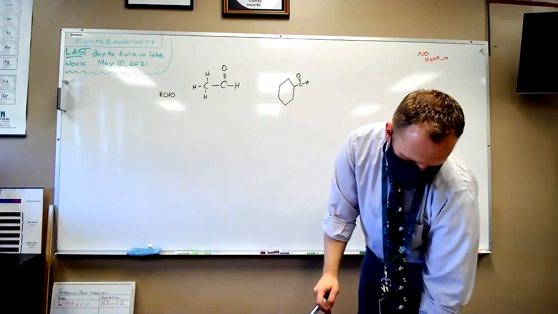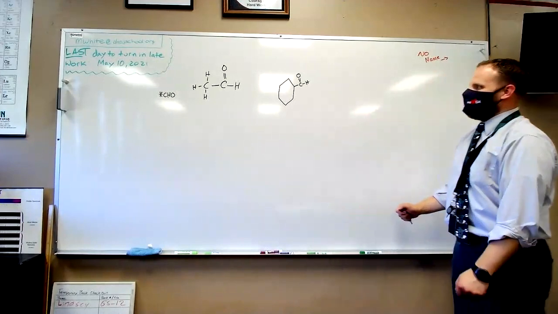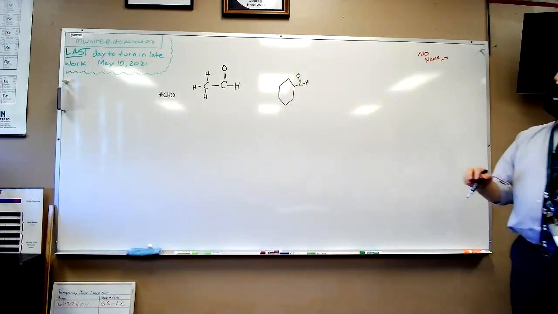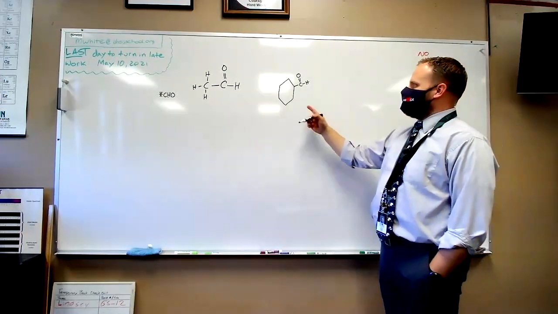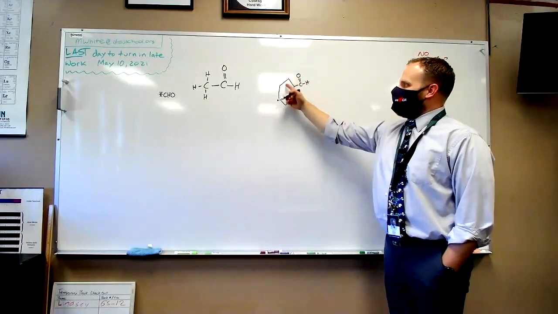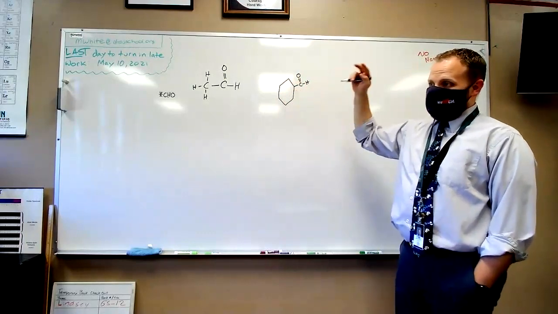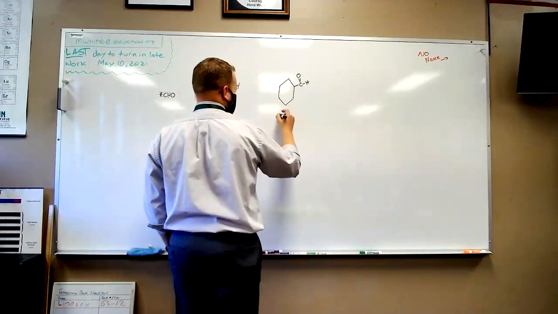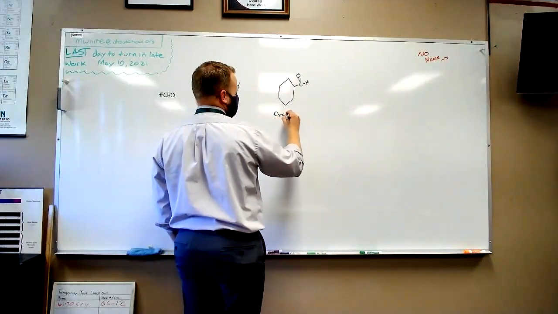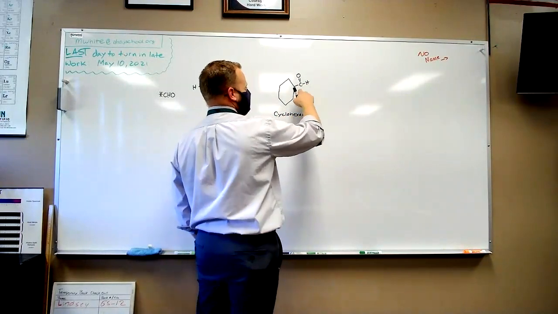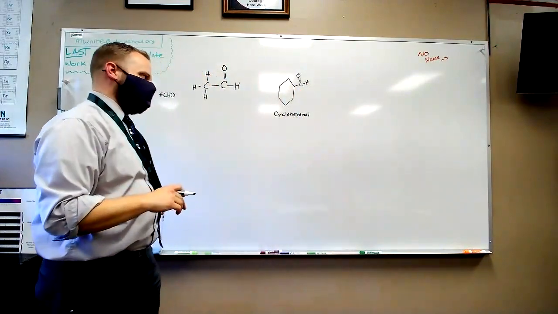Now, the reason why I don't give a lot of these is because it's a little bit different. Yes, there are 7 carbons, but remember the ring structure is going to be our parent chain. So this is cyclohexanol, even though we do have that 7th carbon.